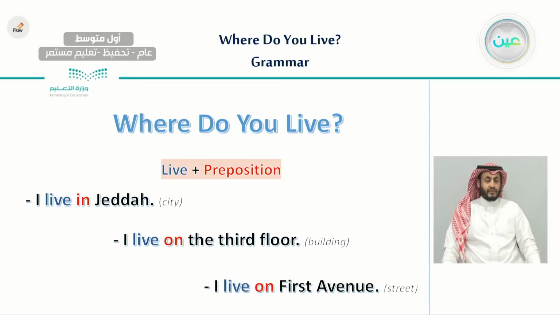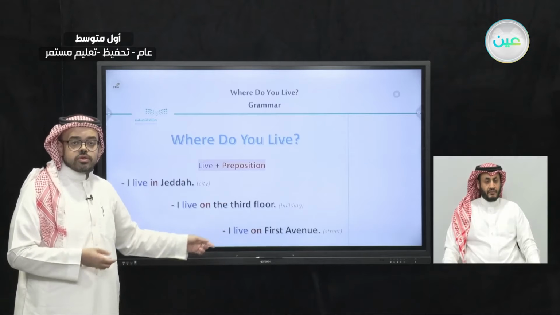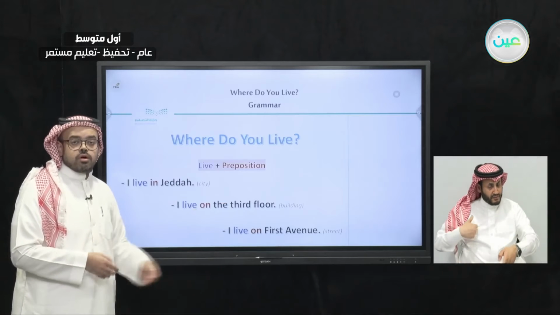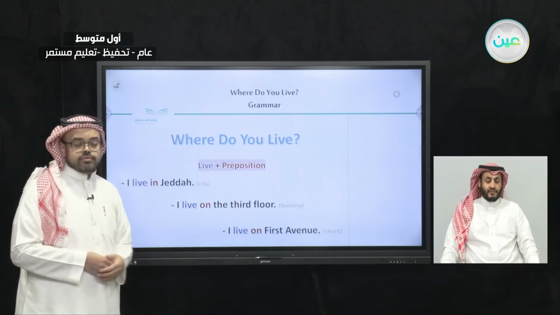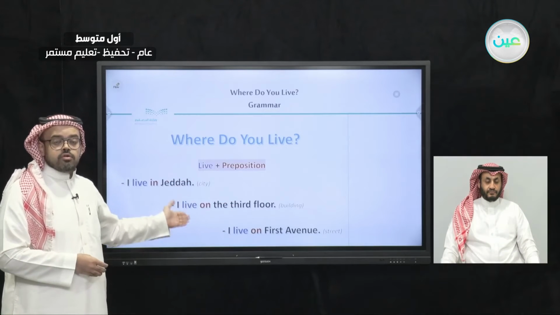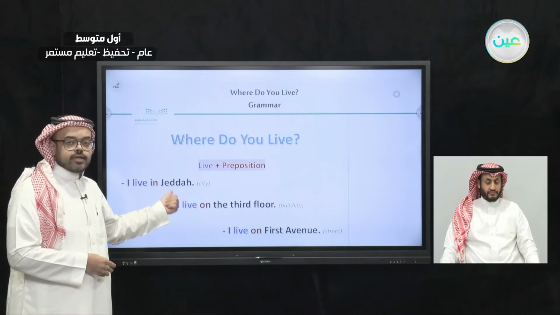And if you want to answer using a building, use on. I live on the 3rd floor. And if you're not going to use a city or a building and you want to use the name of the street, then also use on. Like this one, I live on 1st Avenue. So here are the 3 prepositions we used with live.